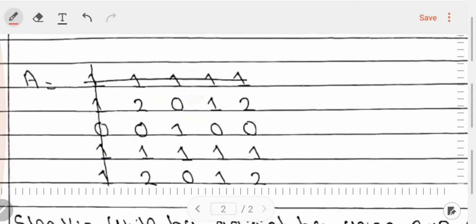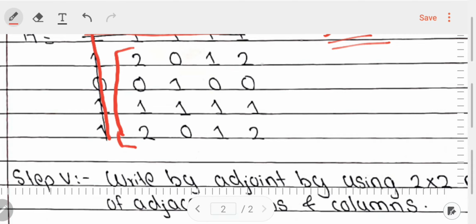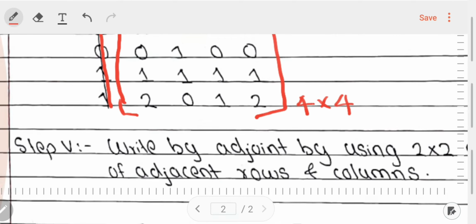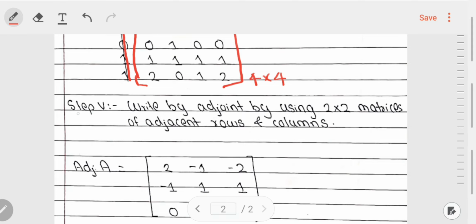So here is our 5 cross 5 matrix, and what I have done over here is I have deleted the first row and first column. So what we are left with is now a 4 cross 4 matrix.